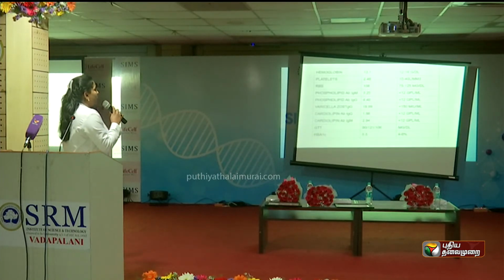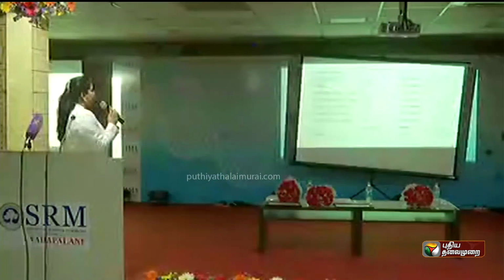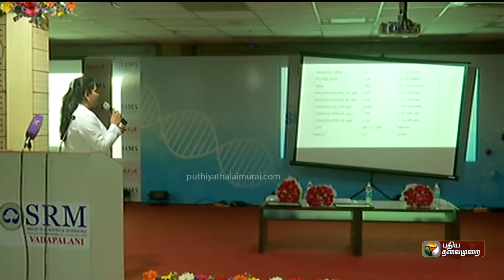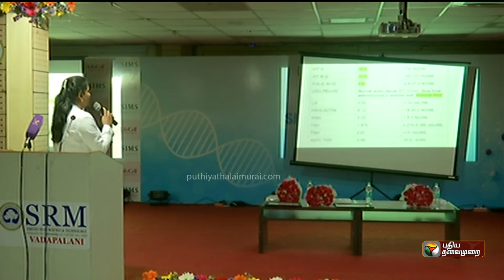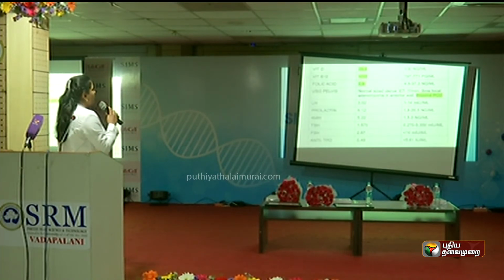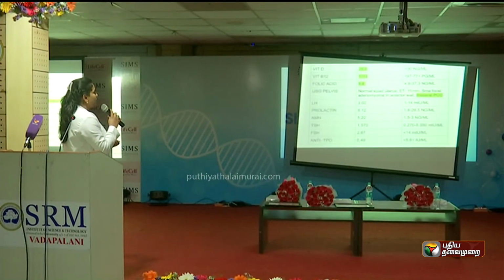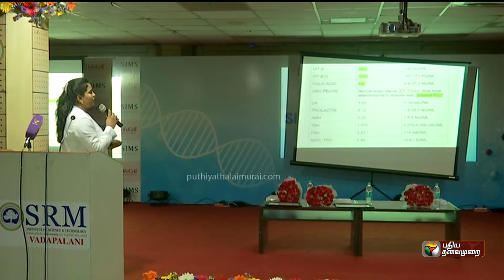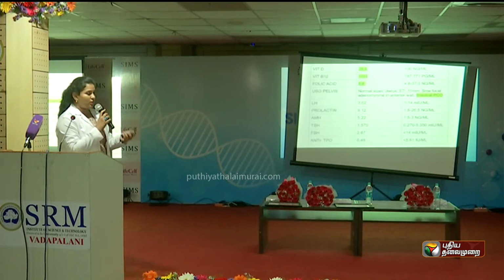Again, another panel of investigations, including APLA, varicella zoster, cardiolipin, and GTT, was all done and found to be within normal limits. Vitamin D was, though low, okay. B12 was normal, folic acid was normal. Ultrasound showed only PCO and a small adenomyoma, which was not there in the later subsequent scans.